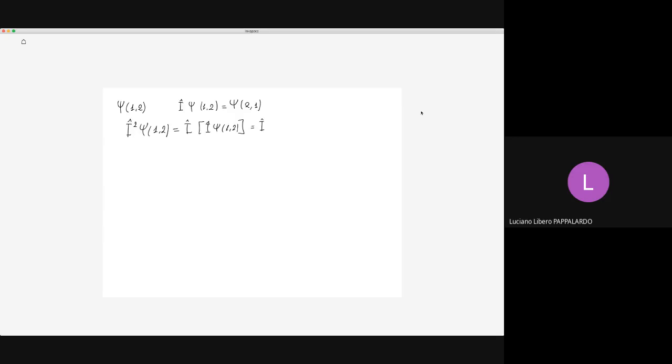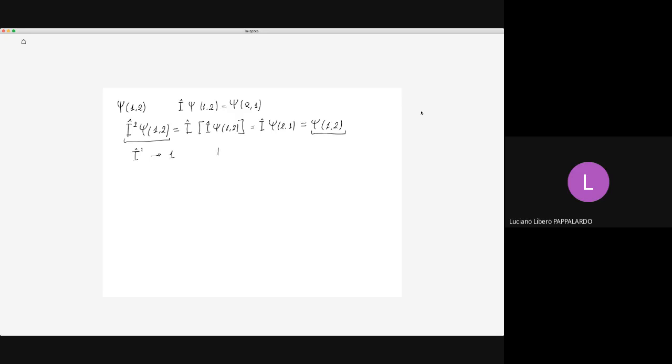Based on the line before, this is just psi(2,1). Then we apply once more the exchange operator, so we recover psi(1,2). Okay. So if you now compare the first and the last passage, it turns out that the eigenvalue of I squared must be 1. Okay, by construction.